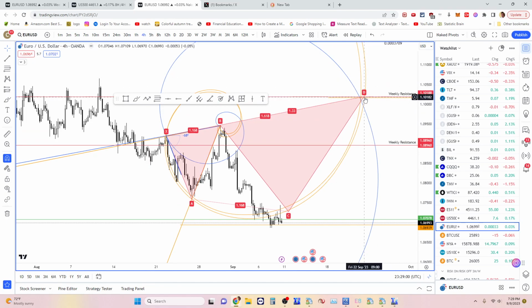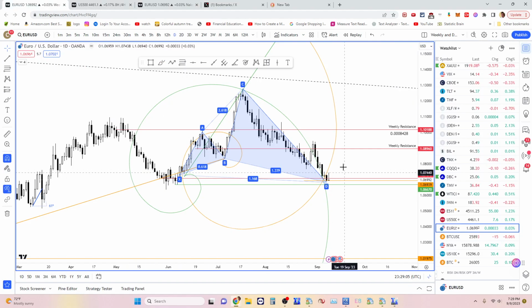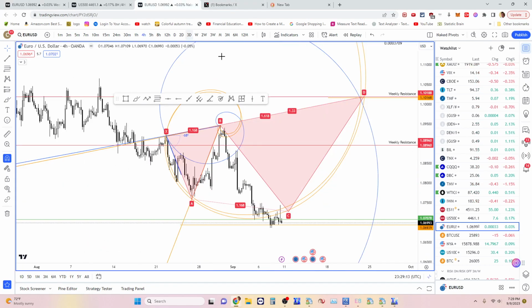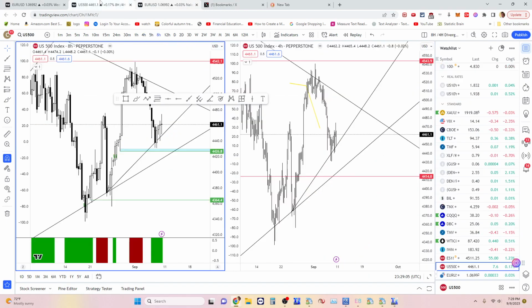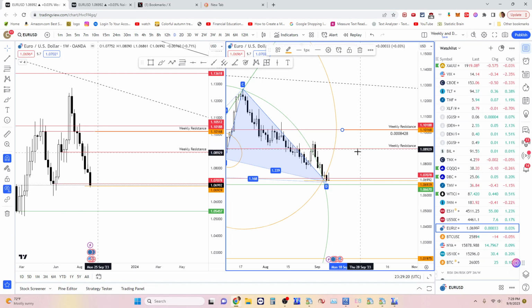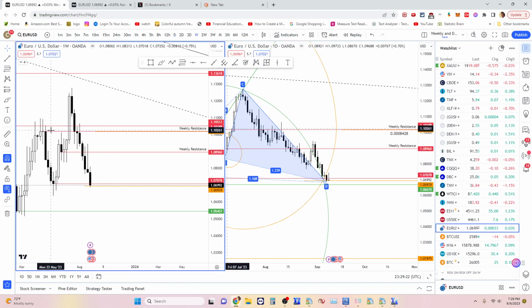But I mean, it's so flush with weekly resistance, which happens to be this thing right here, which happens to coincide. Let me get that target pulled. Get rid of this. Yeah, it coincides with the previous weekly resistance level.